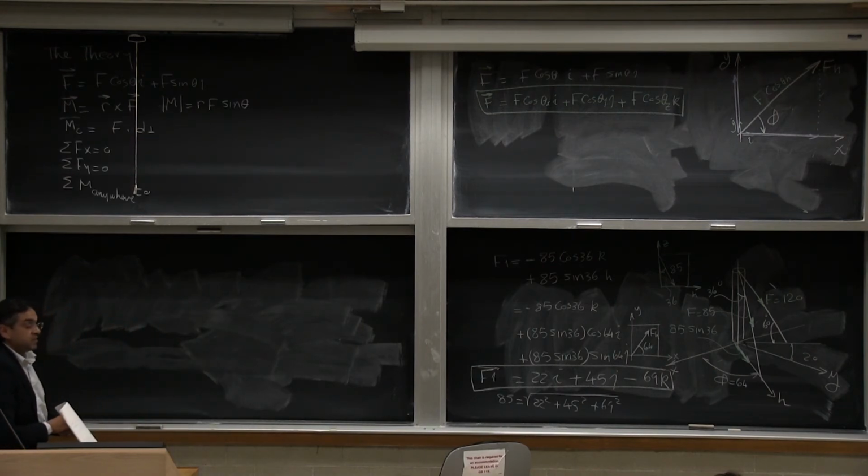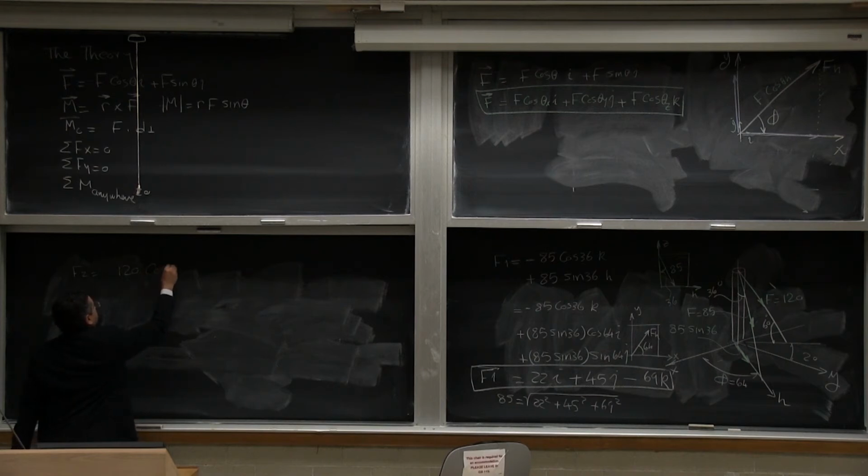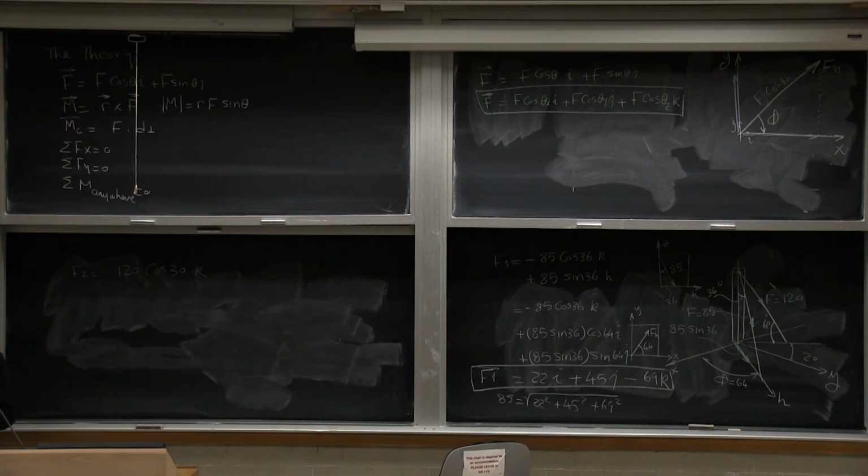So the 120 is making 60 degrees with the xy plane, so it must be making 30 degrees with the z-axis. So I'll say F2 equals 120 cos 30 k, but this is going down, which is negative.